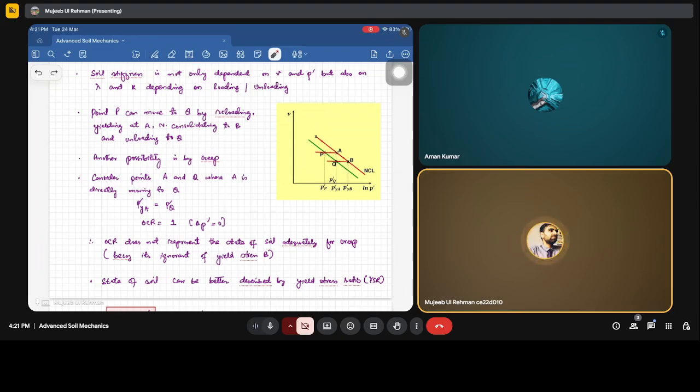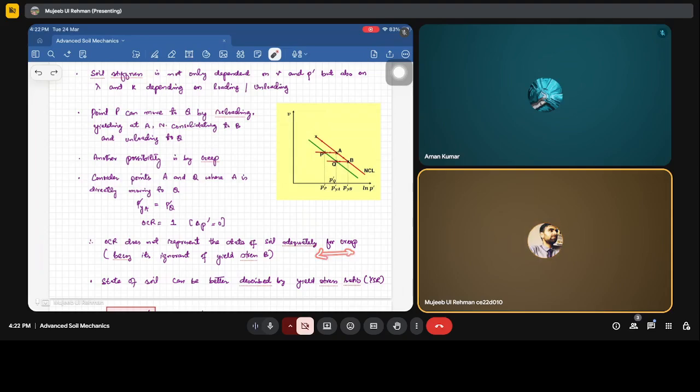OCR is represented by the pre-consolidation stress divided by the current stress. The pre-consolidation stress is P dash YA and the present stress is P dash Q. Both are the same. They are lying on a vertical line, so delta P dash is 0. So it means that OCR doesn't represent the state of the soil adequately for creep.